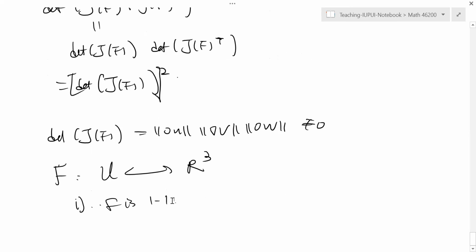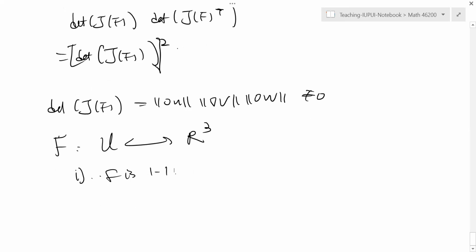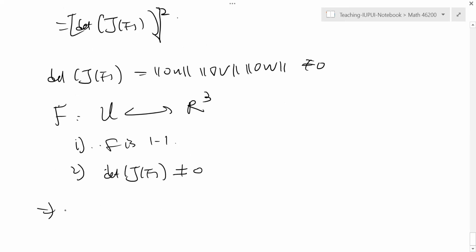Because we assume that through each point there's one particular point of the surface passing through it. That's from the assumption. Second, the determinant of the Jacobian is not going to be 0. So that implies F is a diffeomorphism.